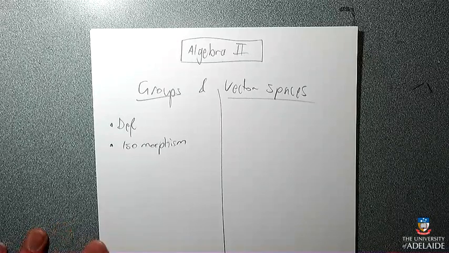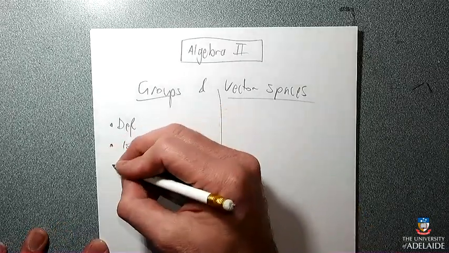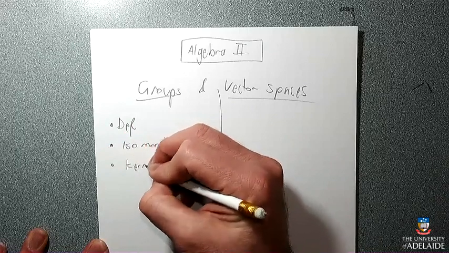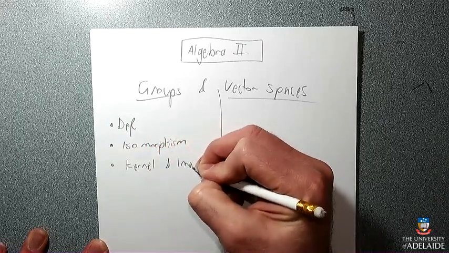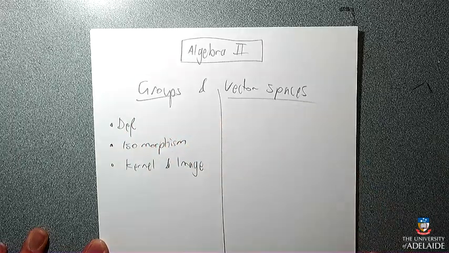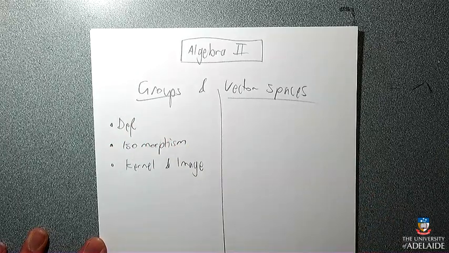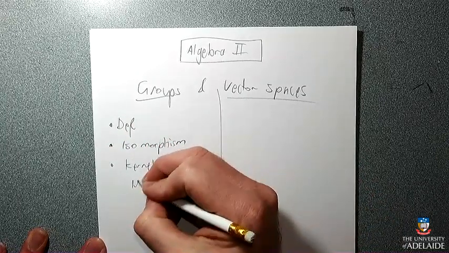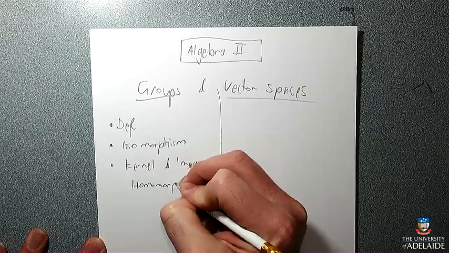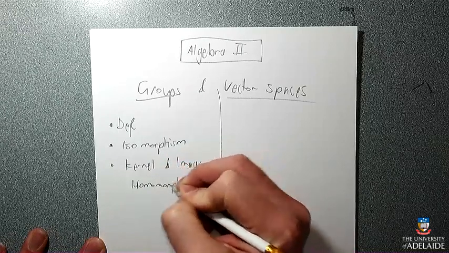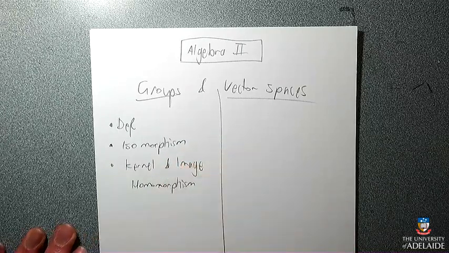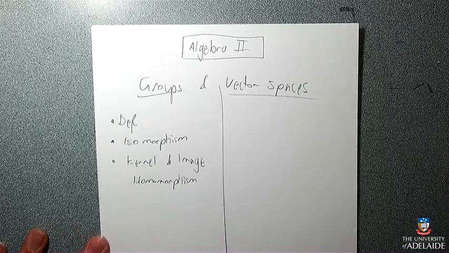Kernel and image. We had kernels and images of things. What did they go with? Homomorphisms, is that what they're called? Yeah. I reckon we would have done something on subgroups. Would have been things about subgroups.